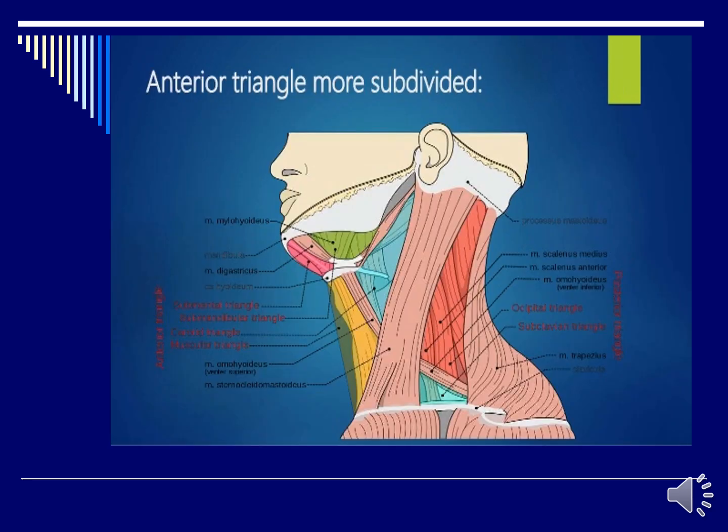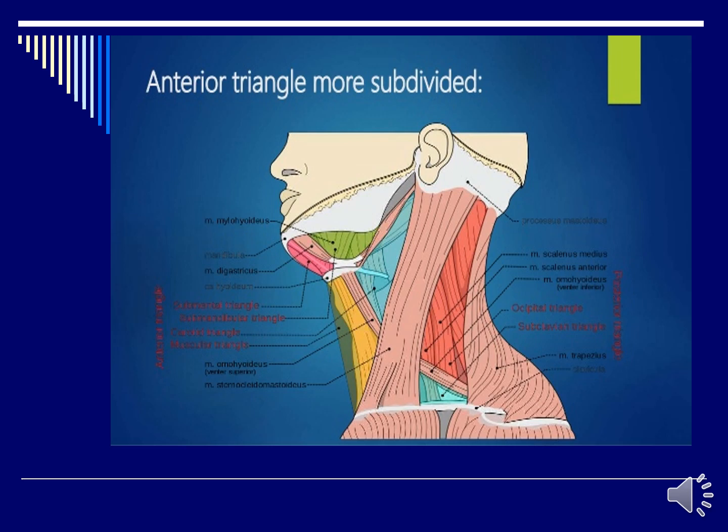The anterior triangle can be subdivided into 4 triangles. This subdivision is done by the anterior and posterior bellies of the digastric muscle and the upper part of the omohyoid muscle.